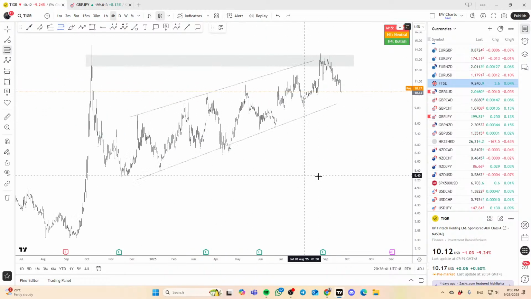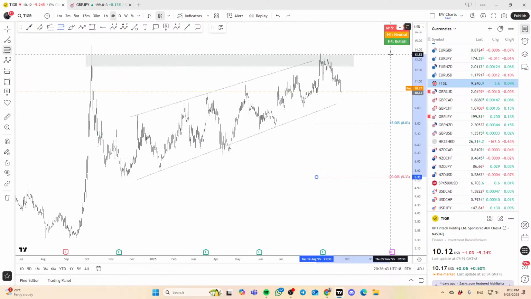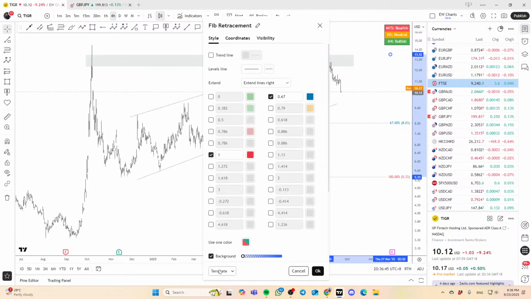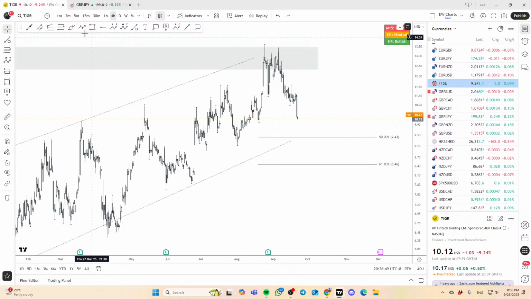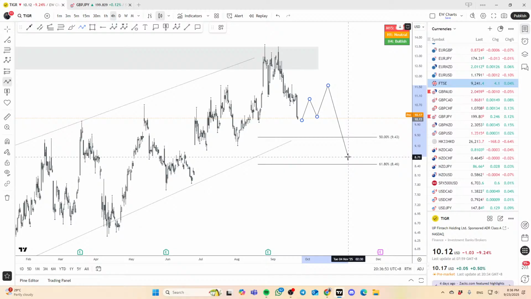For a minimum expectation, it does seem that price may be developing a pullback. Short term, I wouldn't be surprised to see the market pull back towards 940, 840, which is the 50 and 618 zone in the near term.